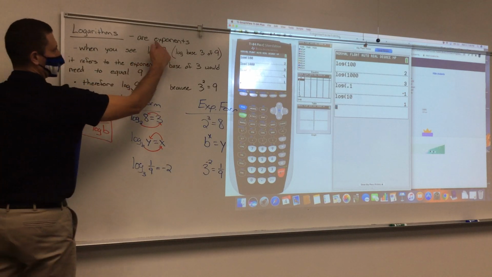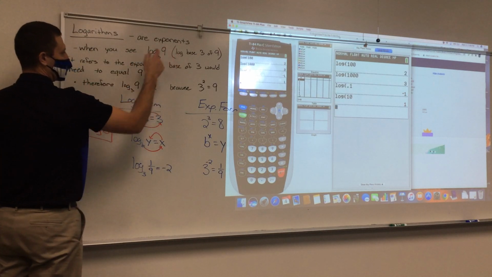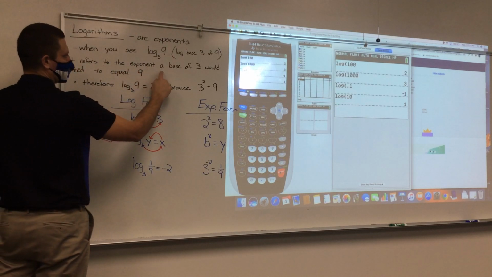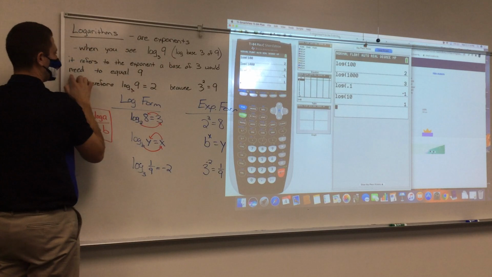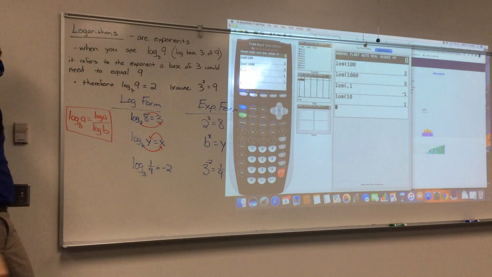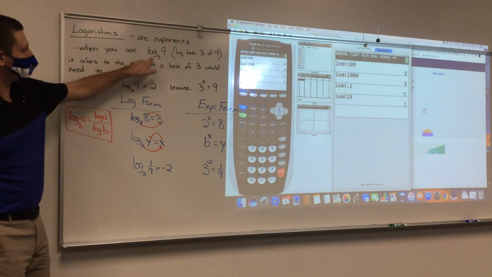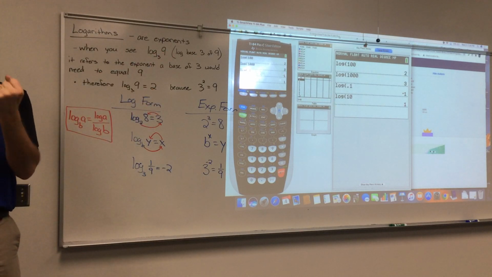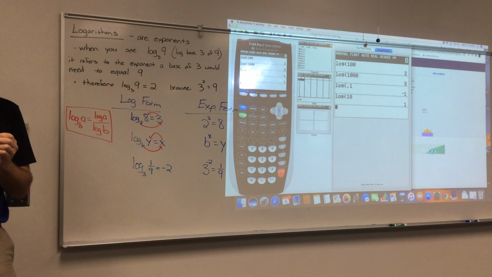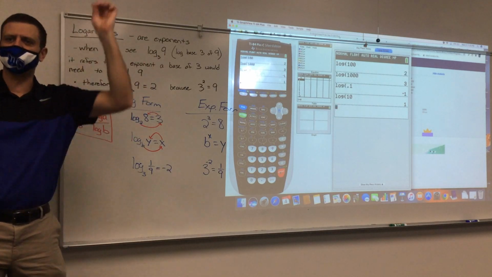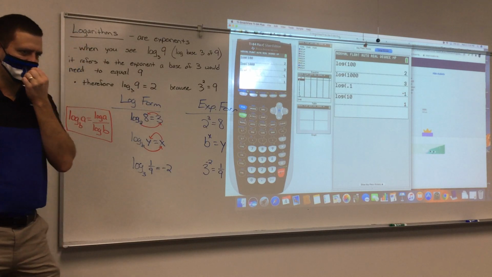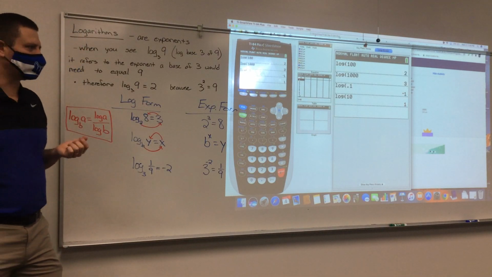When you see this, log base 3 of 9, it is referring to the exponent that a base of 3 would need to equal 9. It's essentially going to find the exponent that the 3 would need to be raised to in order for it to equal 9. Now that's a simple one everybody can do in their head.